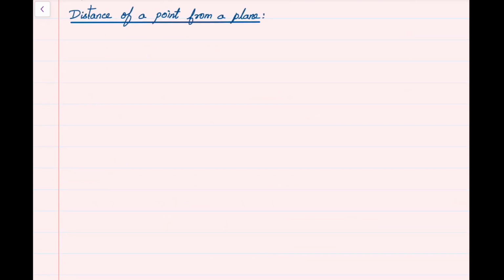Next, let us learn the formula to find the distance of a point from a plane. Consider a plane. Let P be a point whose position vector is vector A. We need to find the perpendicular distance between P and the plane.